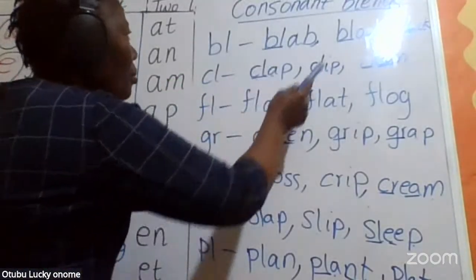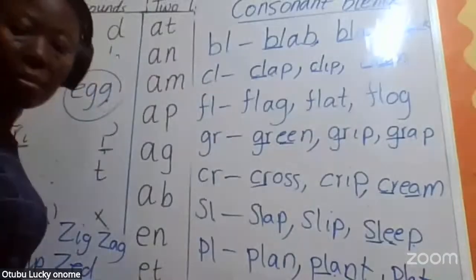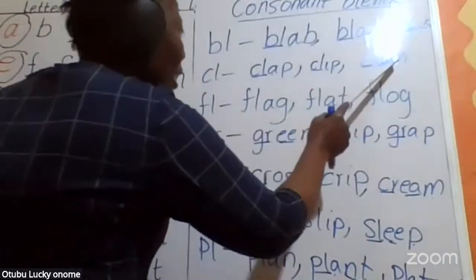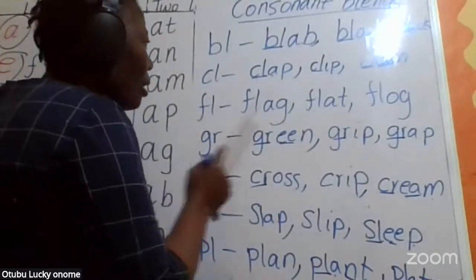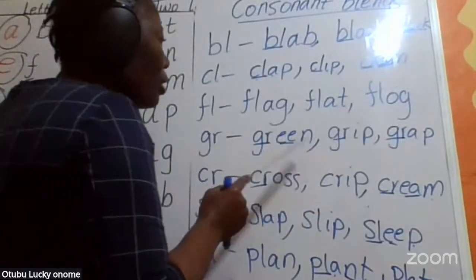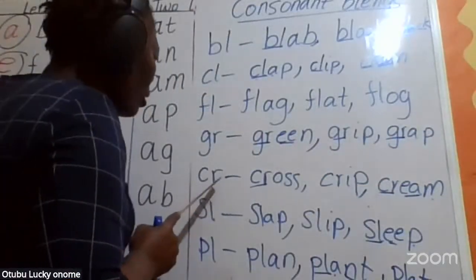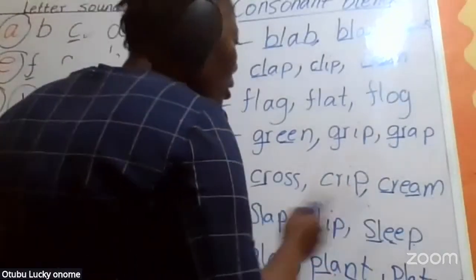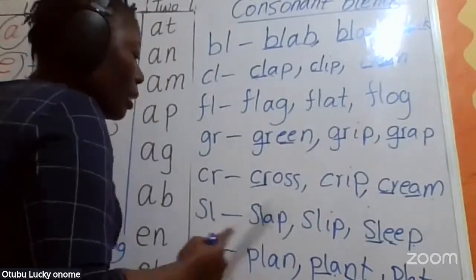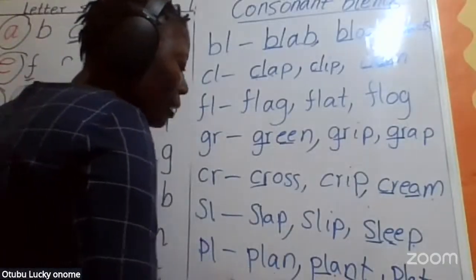We have blab, block, black, clap, clip, clean, flag, flat, plug, green, grip, grab, cross, cream, sleep, slap, plant, and plate.